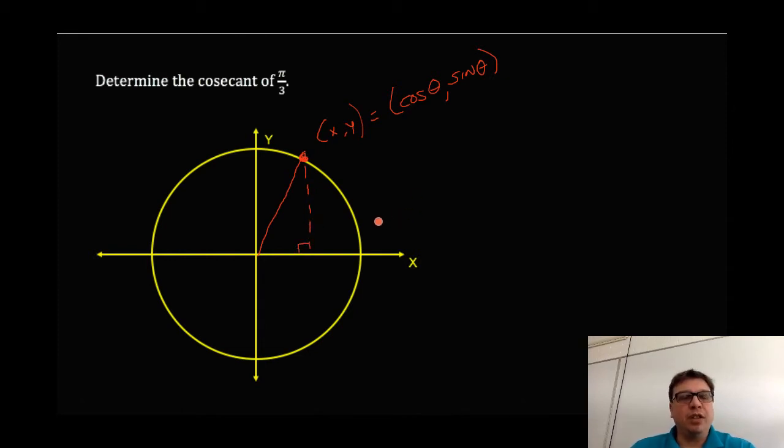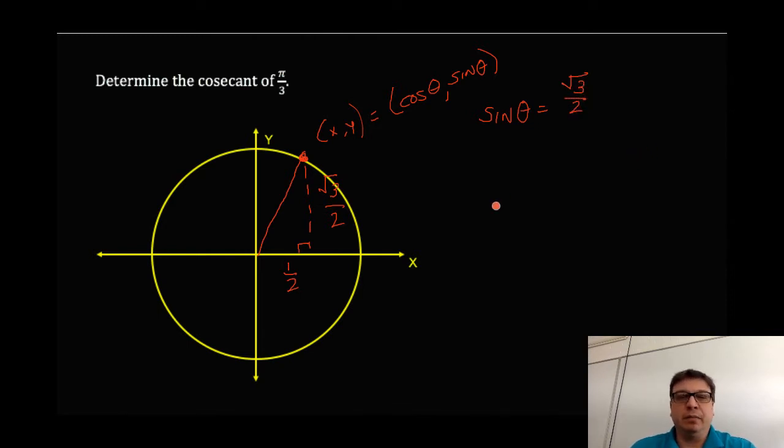The reason we want to draw this as close to scale as possible is because we know that our shorter side, when we have a 30, 60, 90 right triangle, is going to be 1/2. This is going to be the square root of 3 divided by 2. We know that the y component is going to be the sine, so that means sine of theta is equal to the square root of 3 divided by 2.